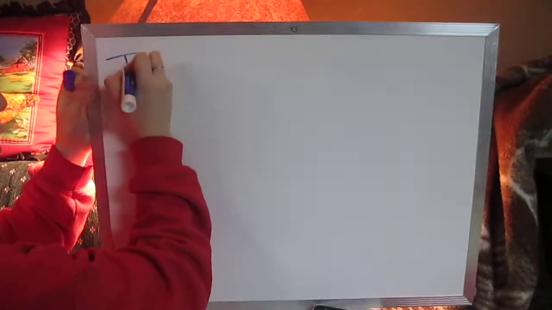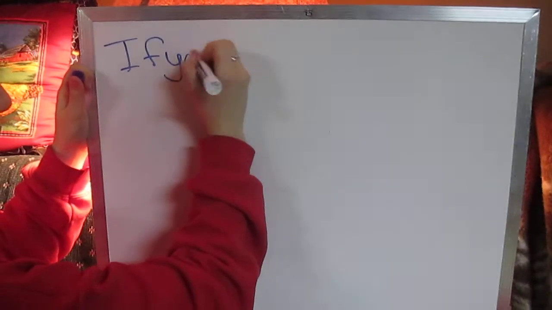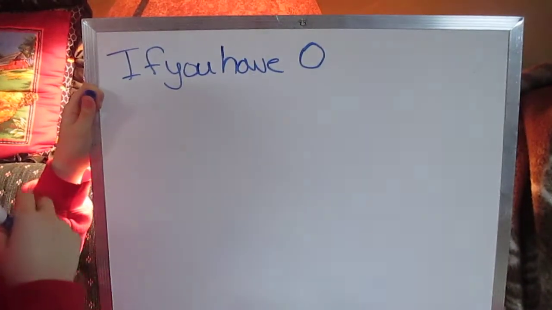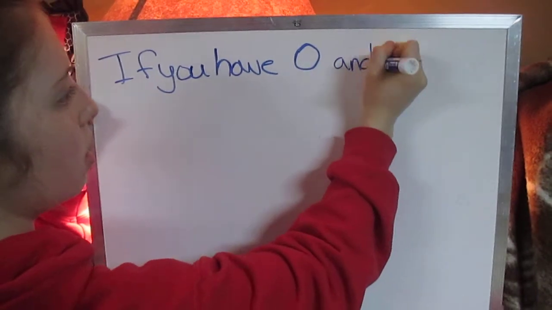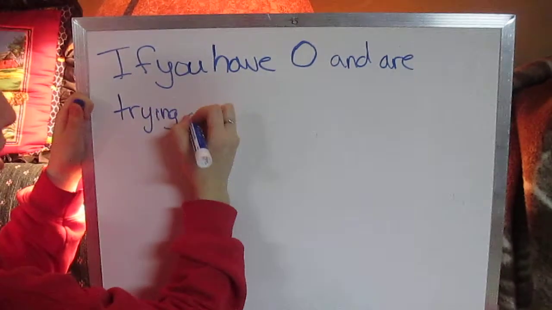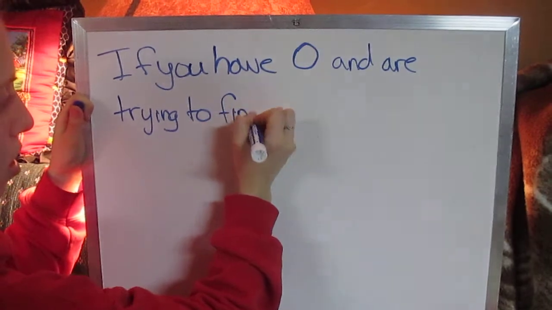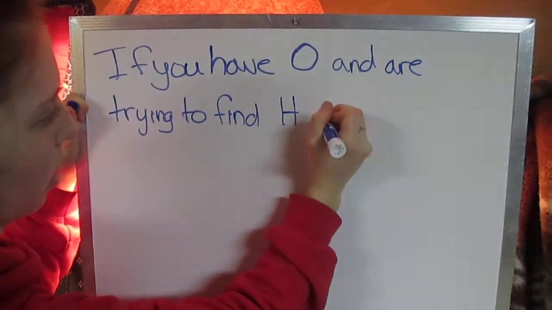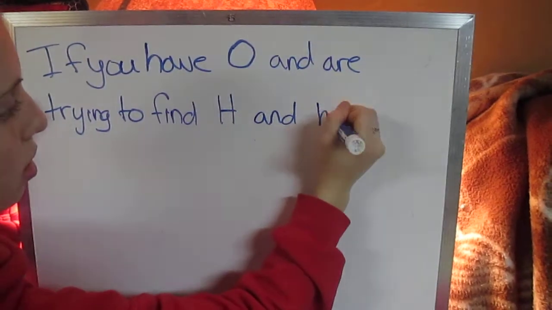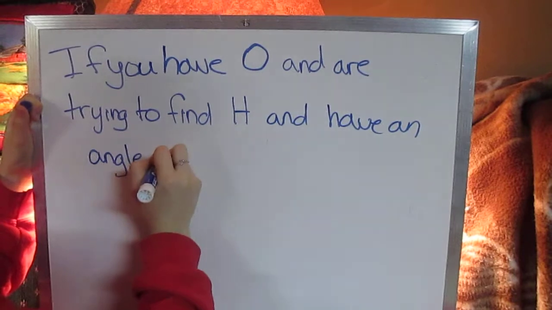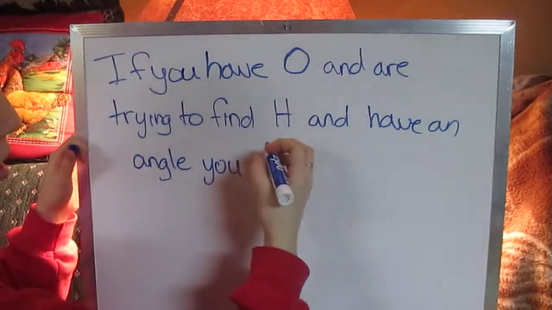So, if you have O, which stands for opposite, and are trying to find H, which stands for hypotenuse, and you have one angle, you will use the sin equation.